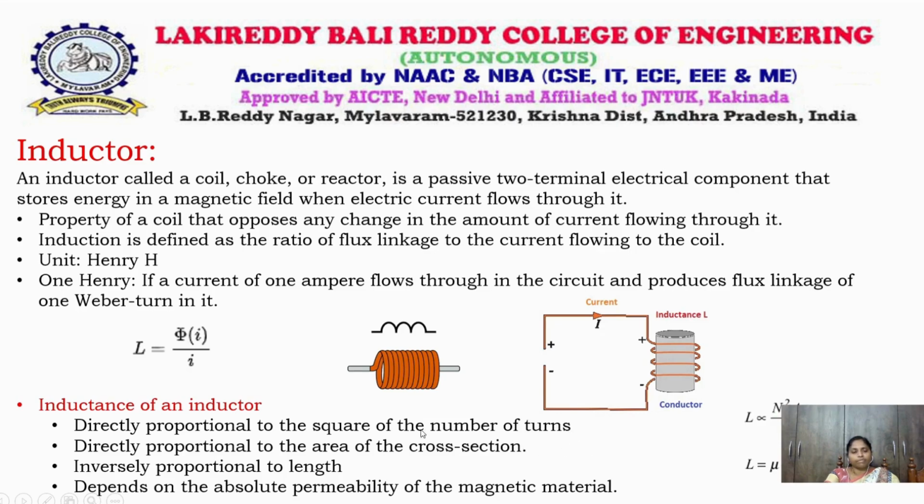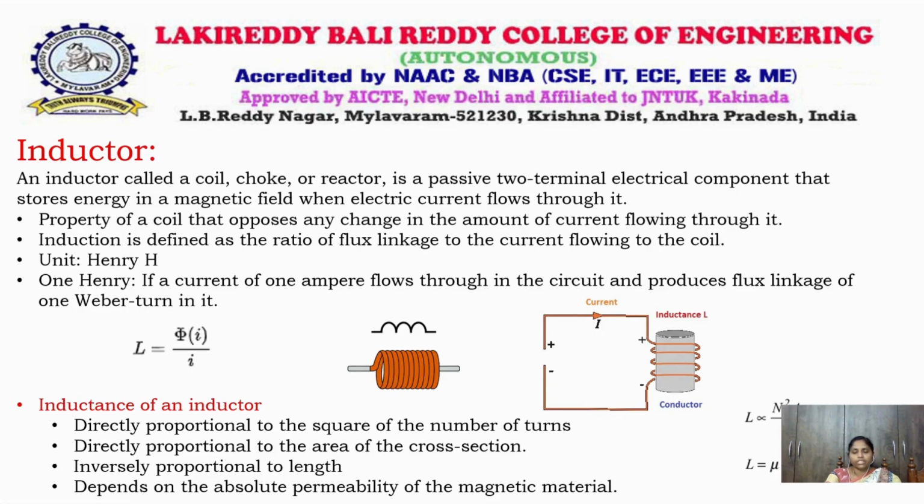N is the number of turns, and A is the area of cross section, and it is also directly proportional. L is directly proportional to the area of cross section and inversely proportional to length. The proportionality constant is indicated as mu, which is nothing but the permeability of the magnetic material.